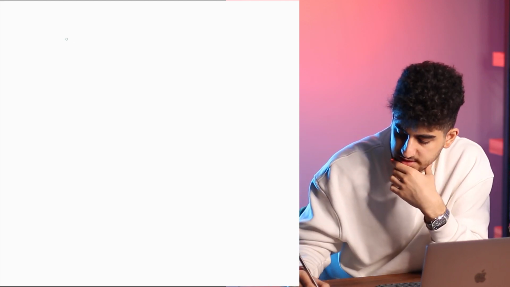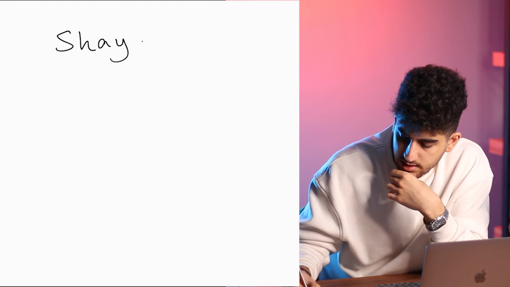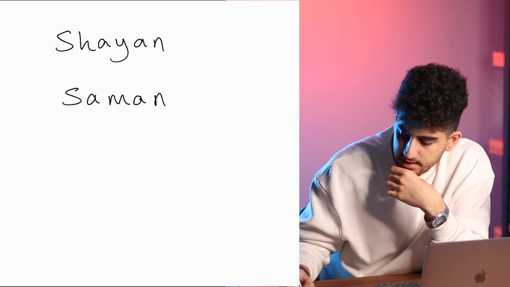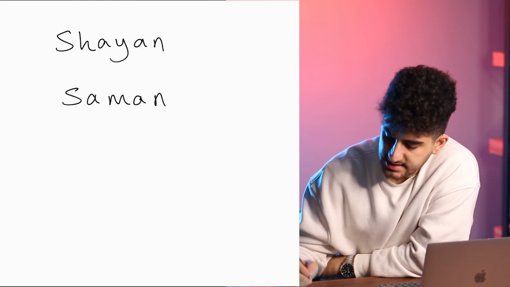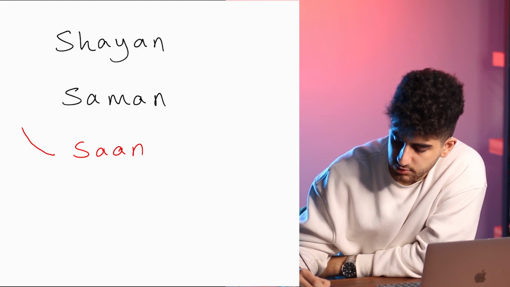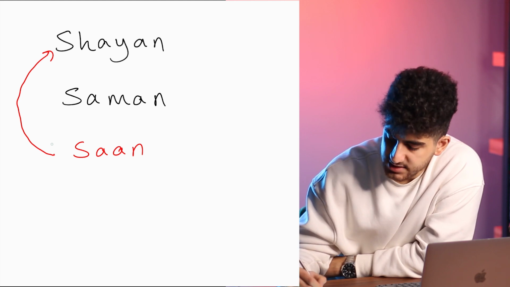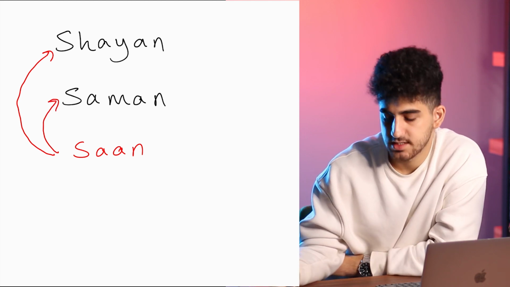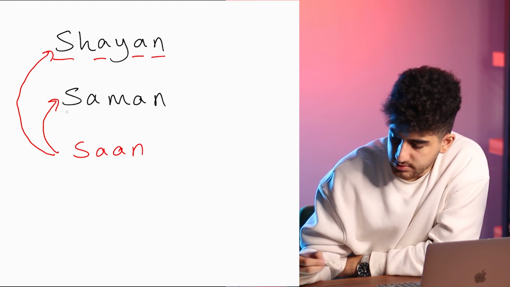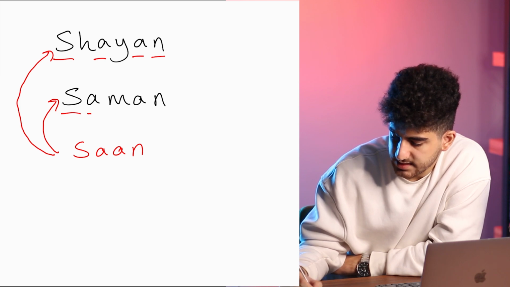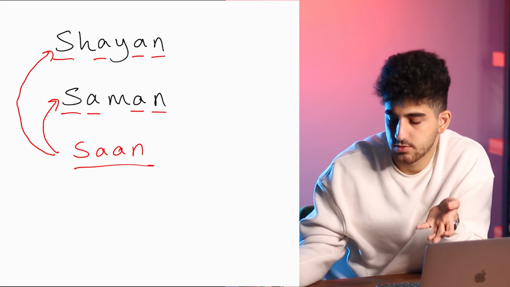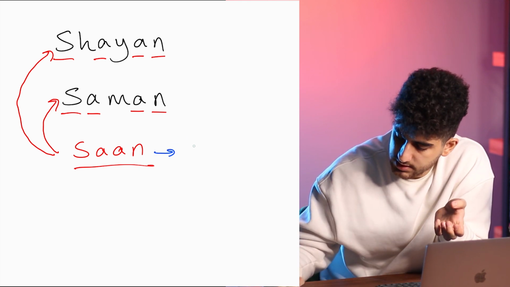For instance, if your first string is Cheyenne and your second string is like Saman, then here you can say that SAAN is both a subsequence of the first string and also a subsequence of the second string, because in the first string I have this SAAN and also in the second string I have this SAAN. So SAAN is a common subsequence of these two strings.